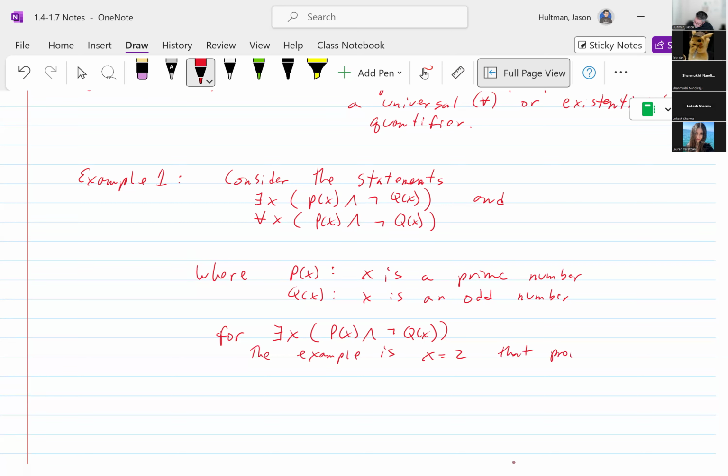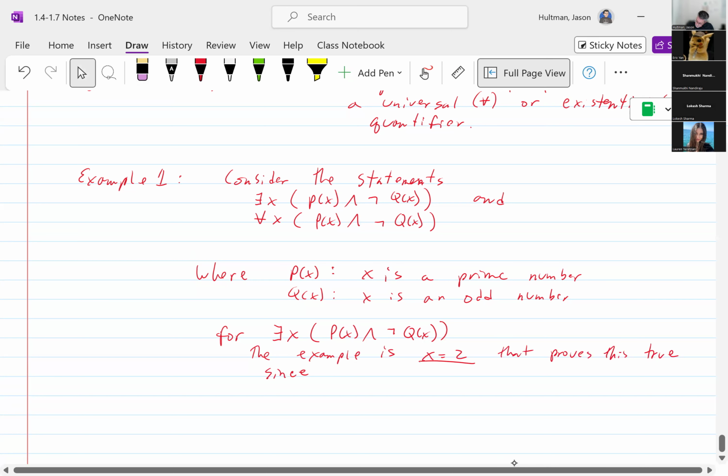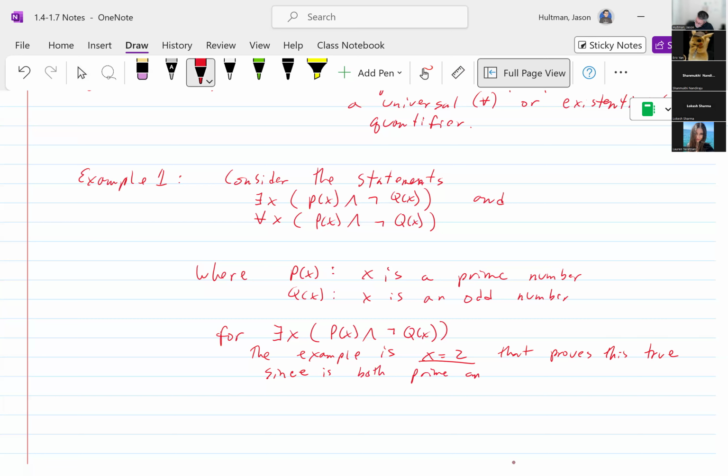That proves this true, since 2 is both prime and not odd.